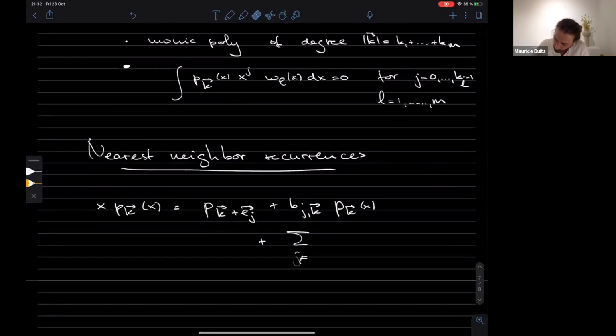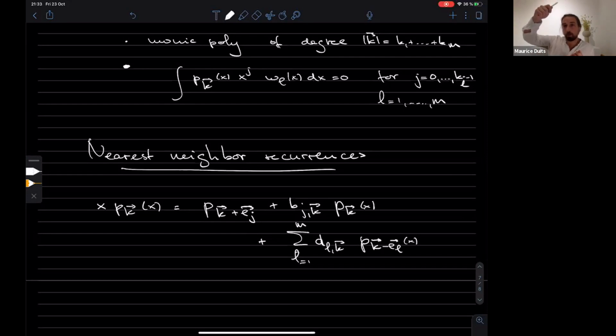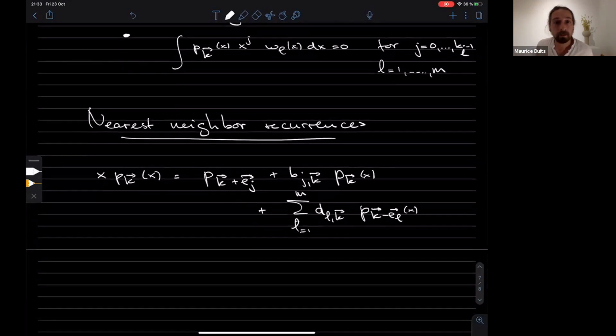Let me call this L. And here there are coefficients a_{L,k} p_k minus e_L. So it's no longer a three-term recurrence, but a relation between a polynomial of a certain degree and the polynomial of one degree higher plus all the polynomials of one degree lower, right? So this is a complicated thing that you see.